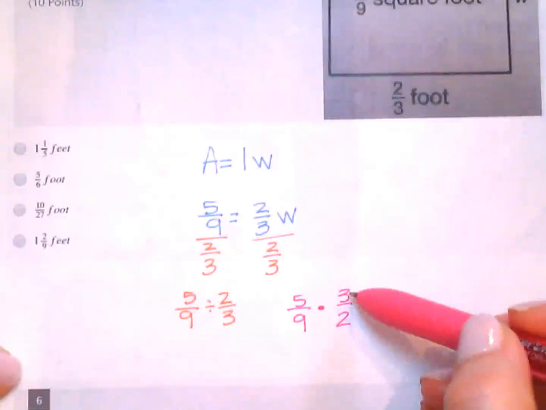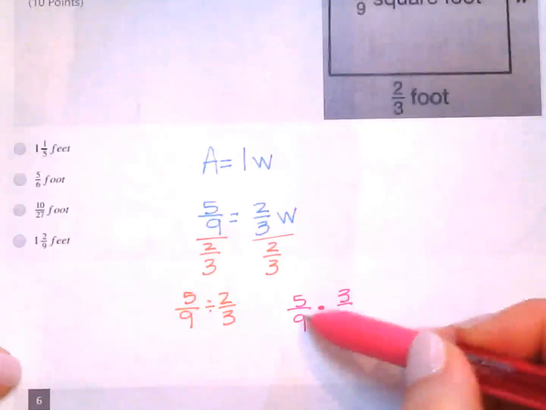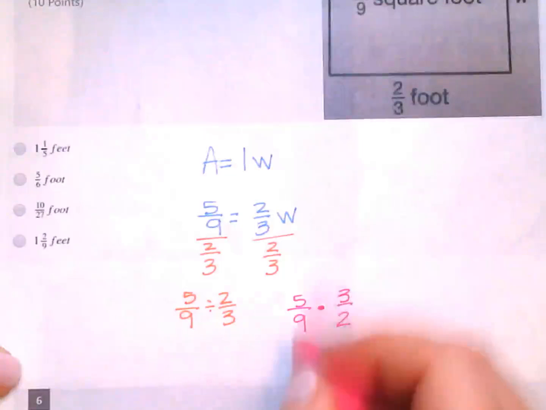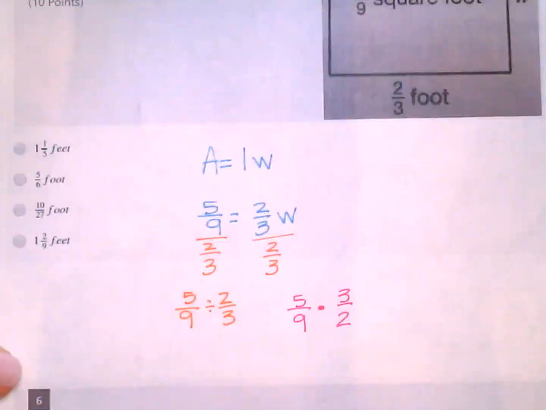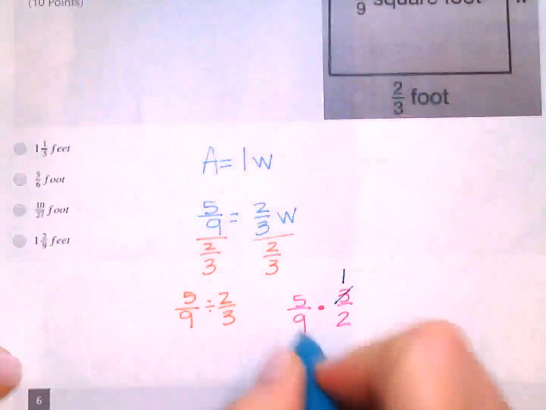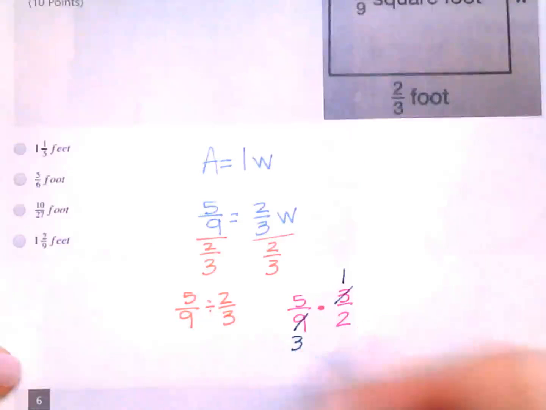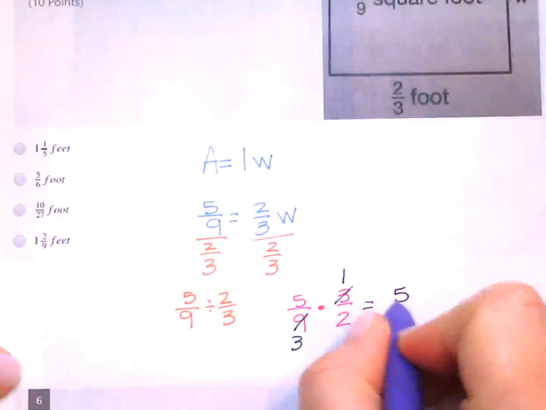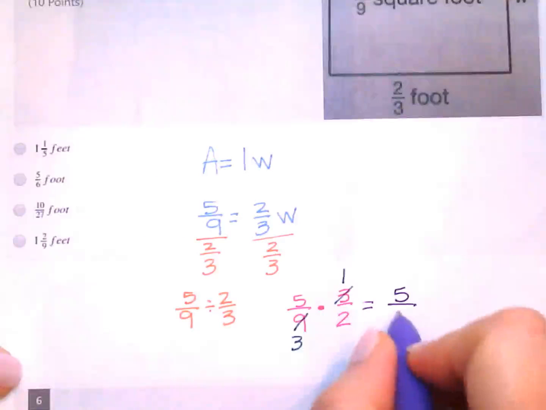Do you see that there are numbers on top that share factors with numbers on the bottom? 3 and 9 share a factor of 3. When I divide by 3 on top, I get a 1. When I divide by 3 on the bottom, I get a 3. Since those are the only common factors I see, now I simply multiply across. On the top I get 5, and on the bottom I get 6.